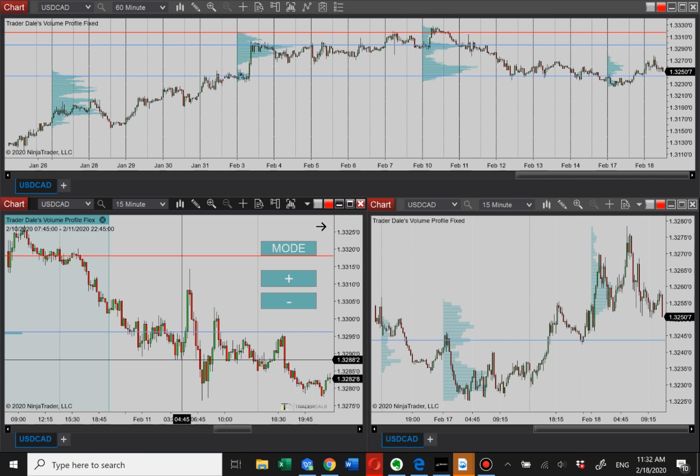Price would barely test my level before shooting back up, so it would be a little tight, but much better. It's just generally a better confirmation for a particular trade. Now, I got stopped out at this level, but prices went back up. It would have been a potential profit, but since that happened, we can't really do anything about it.